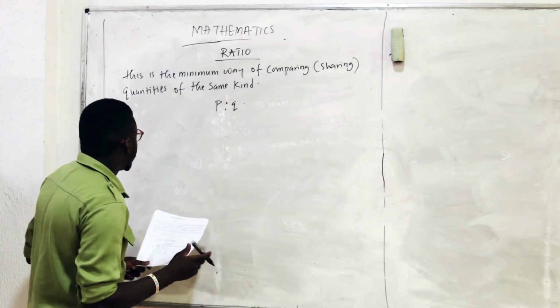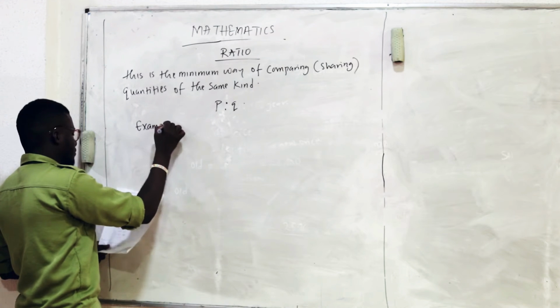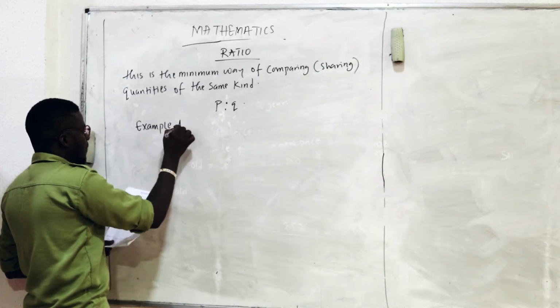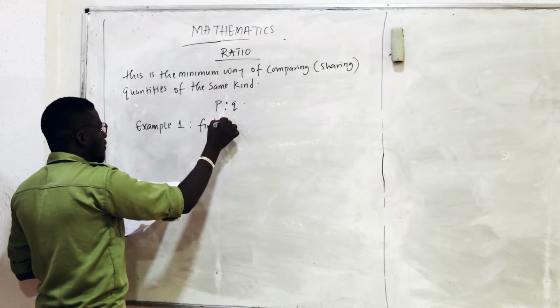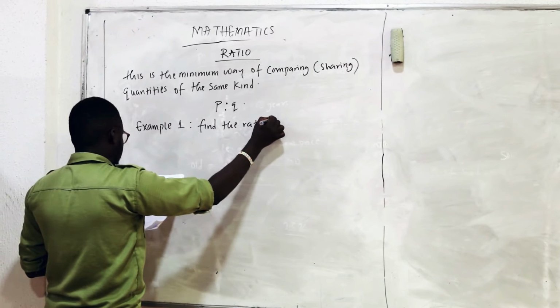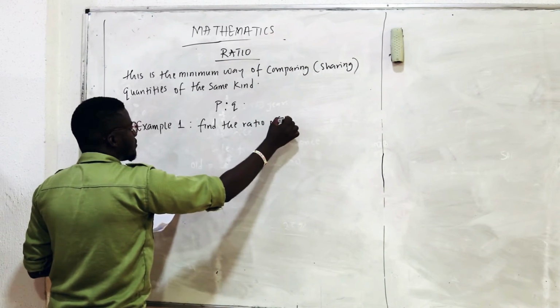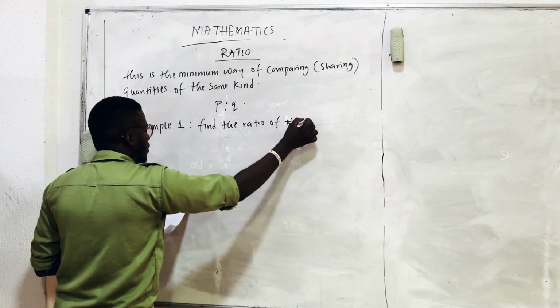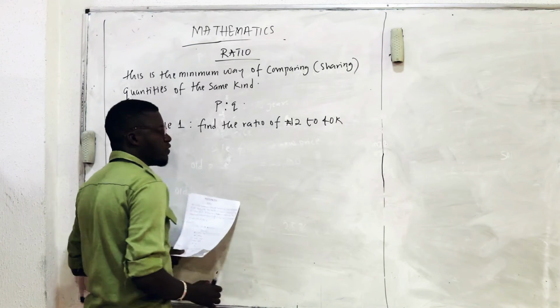So an example, if I'm given a question like this. Example 1: find the ratio of 2 naira to 40 kobo.